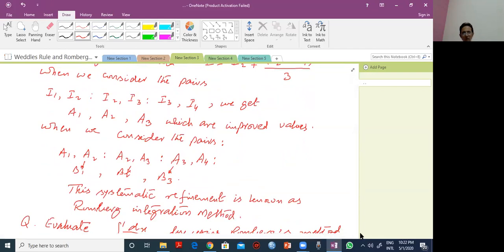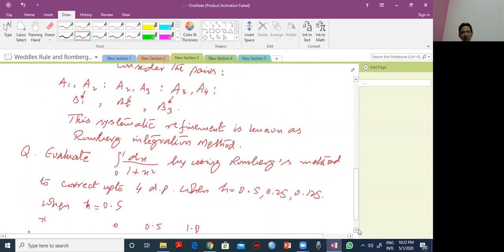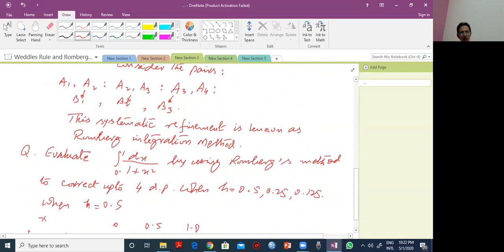So now we will consider an application. Evaluate the integral from 0 to 1 of dx upon 1 plus x square by using Romberg's method based on the trapezoidal rule, correct up to 4 decimal places.